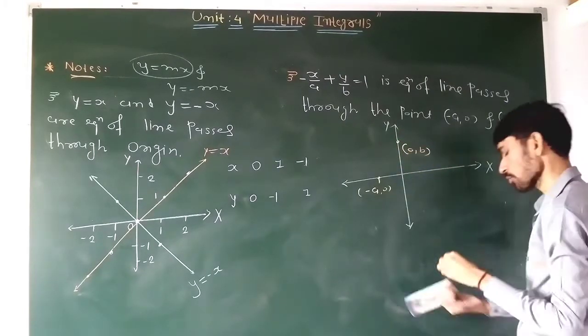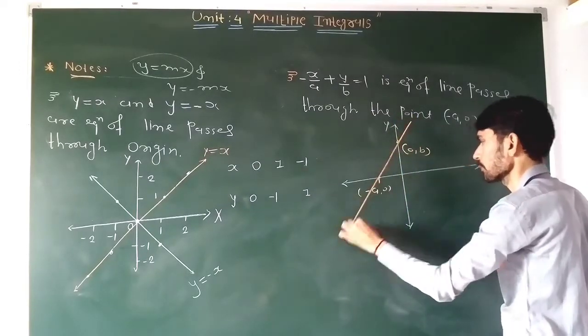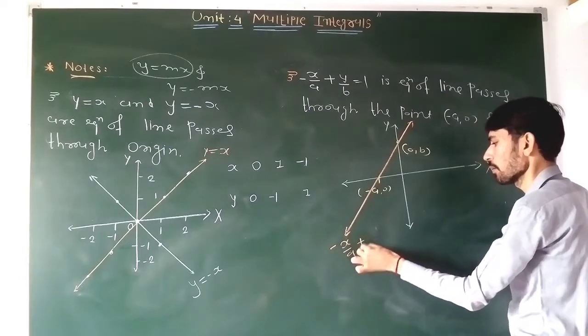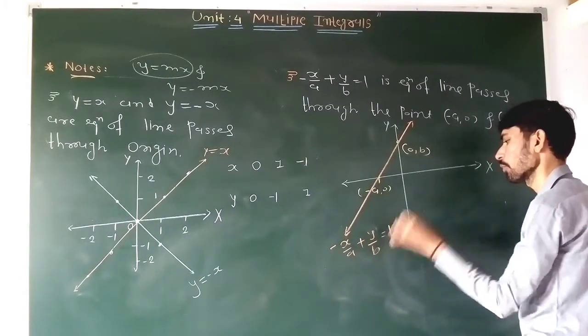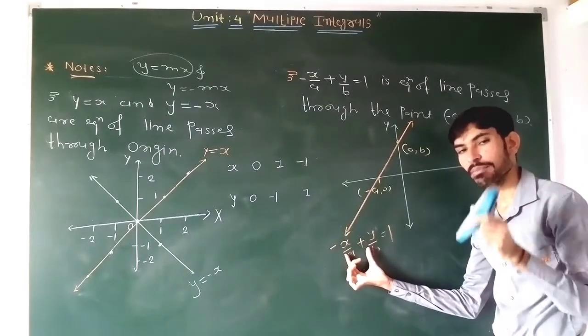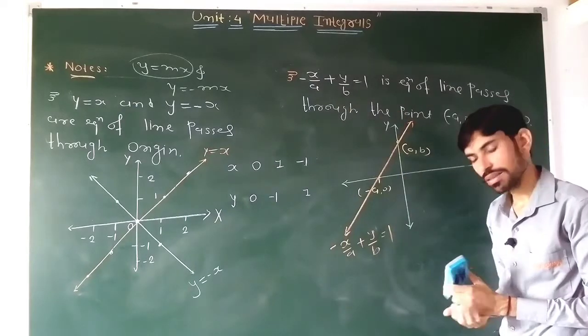So our line passes through these 2 points. So this is the equation minus x upon a plus y upon b is equal to 1. So when the line equation is given like this, it will pass through minus a0 and 0b.